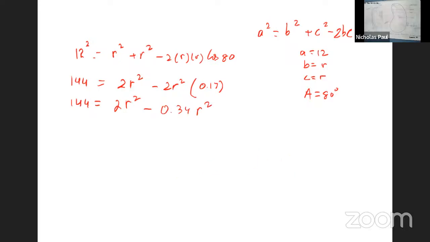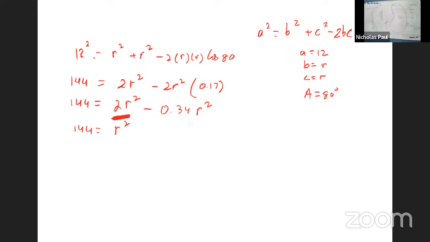Hey, you don't want to put R in the calculator. We're trying to make R the subject. All right, so what's here? We're almost done. 144. I'm going to factor out R squared because both of them have R squared in common. Here's a R squared, here's a R squared.